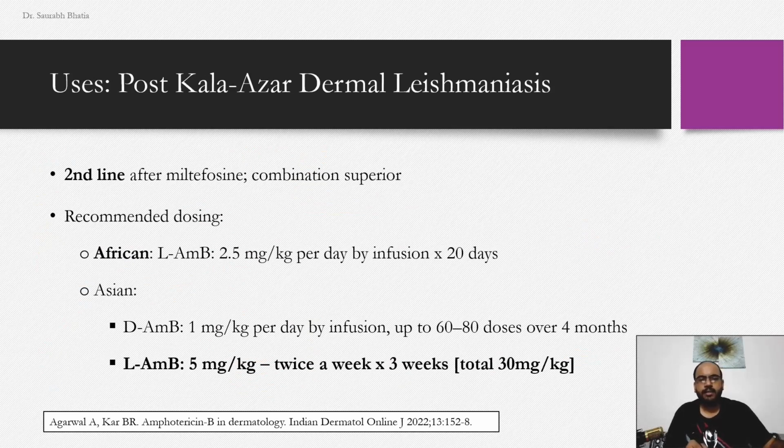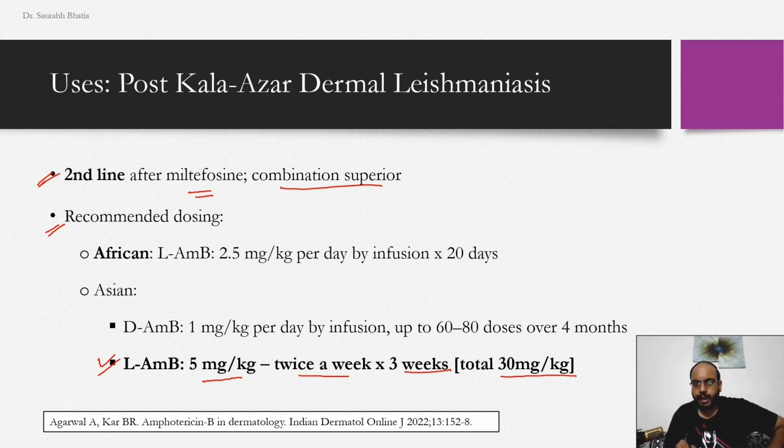For post-Kala Azar dermal leishmaniasis, it is second line after miltefosine, but the combination is found to be superior. The recommended dose for liposomal amphotericin B is 5 mg per kg twice a week for 3 weeks, total 30 mg per kg. So what do we mean by that? Let's say this is 1 week. You give liposomal amphotericin B, skip, liposomal amphotericin B, skip. 7 days, that makes it 1 week.